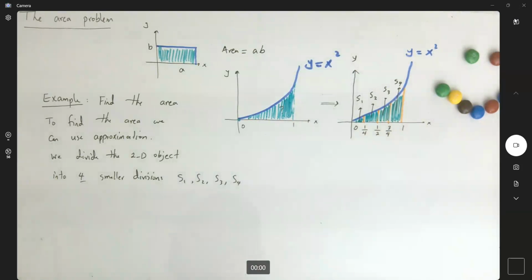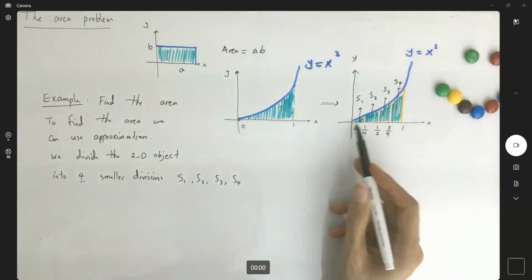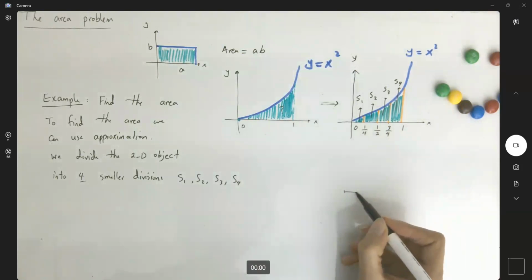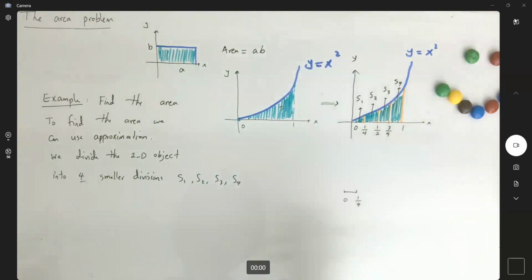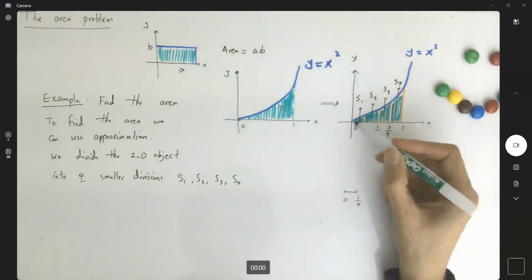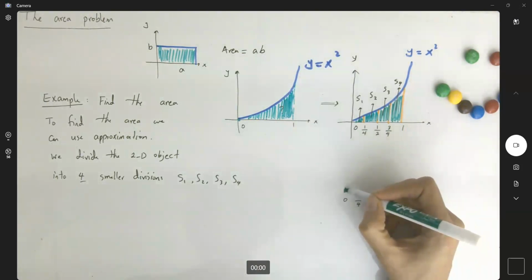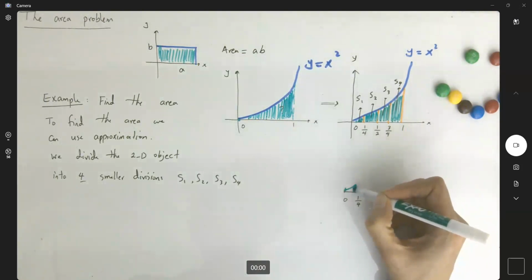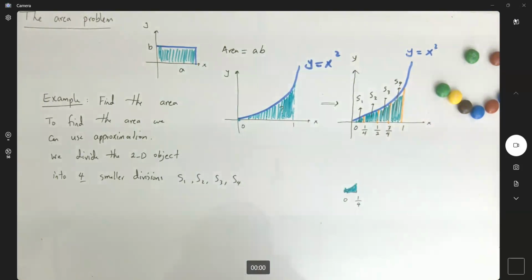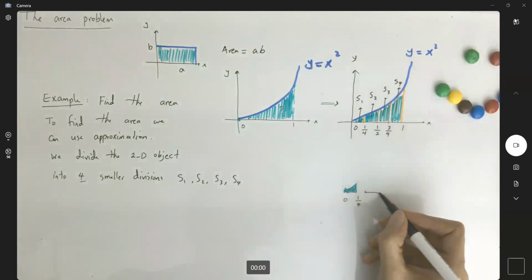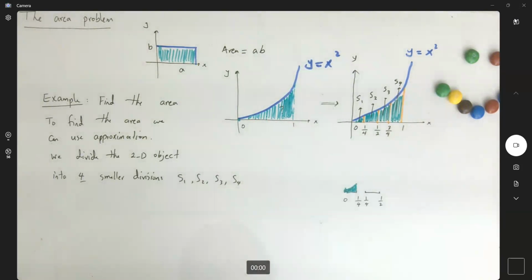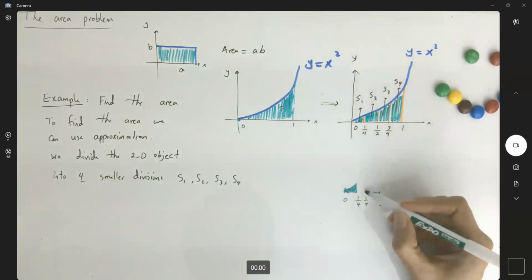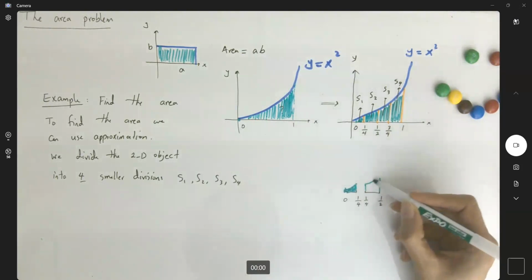Take a look at this. I'm taking each piece, 0 to 1/4, and on top of it I have this piece. Then between 1/4 and 1/2, I have another piece with a different height. It's getting a little bit larger.